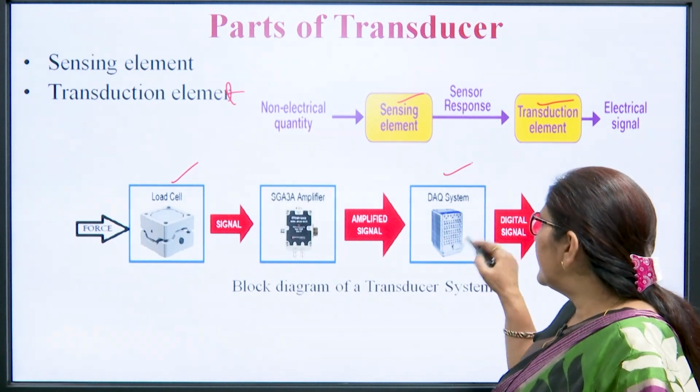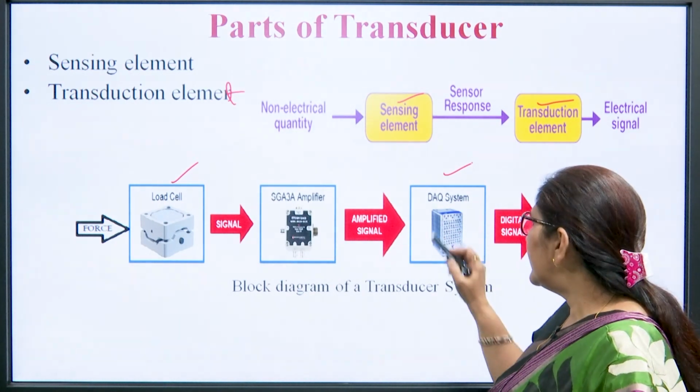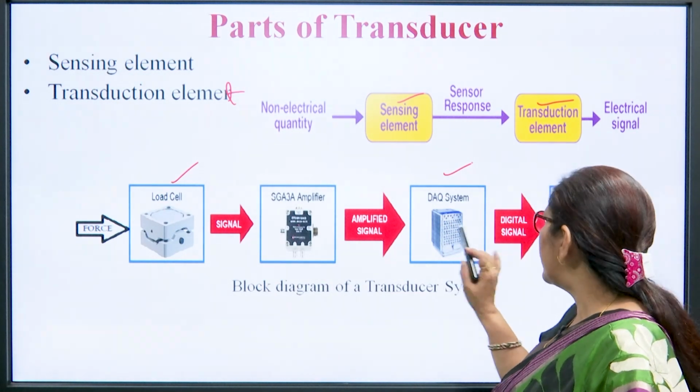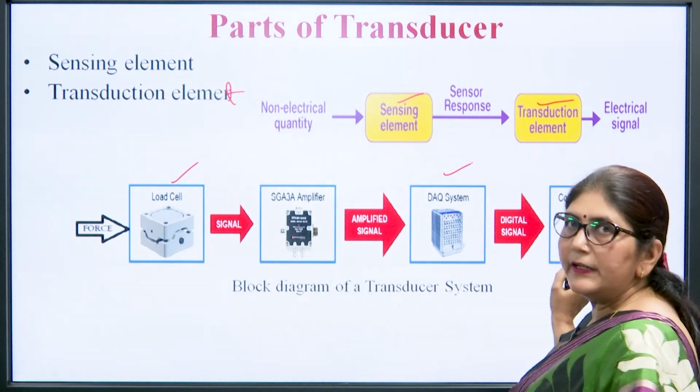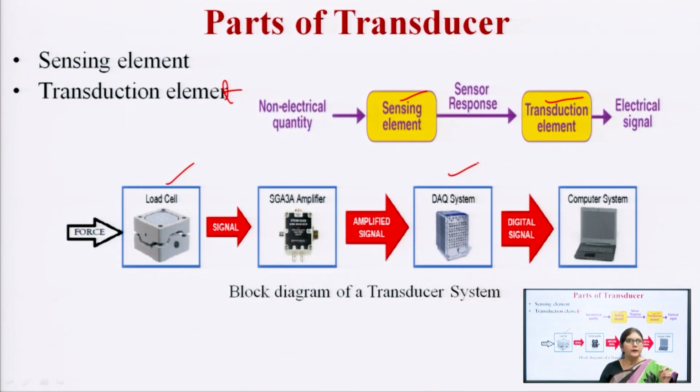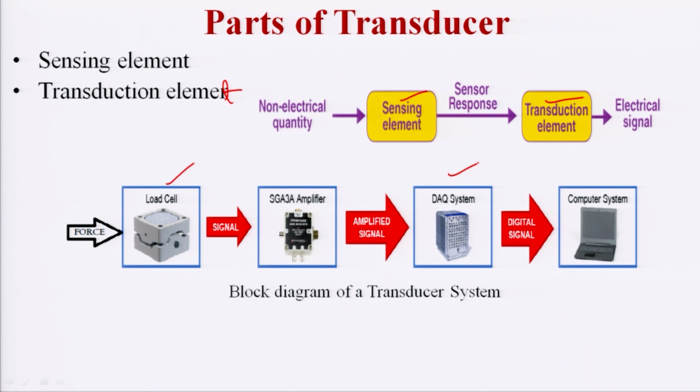All this comes under the data acquisition system. Suppose we want to store the data in a computer, then we have to convert the amplified signal into a digital signal, and that digital signal may be recorded on the computer system. So, this is the complete block diagram of the transducer system.